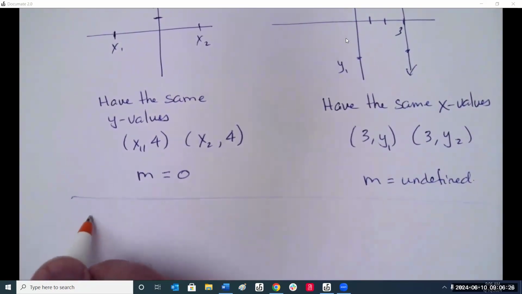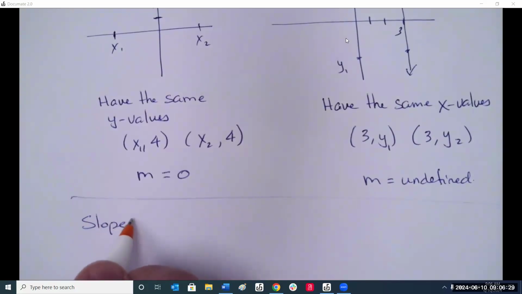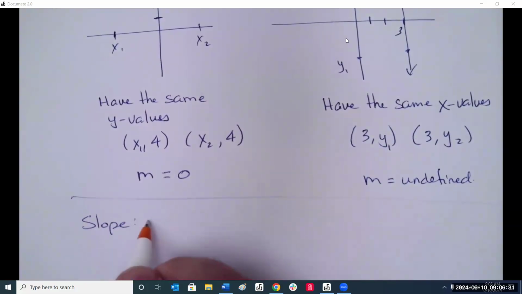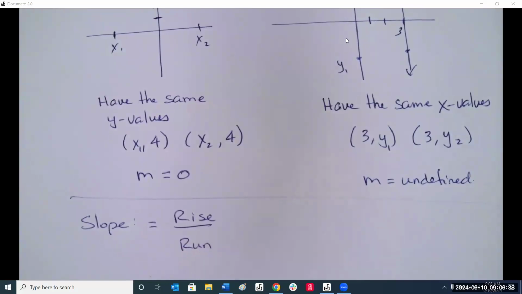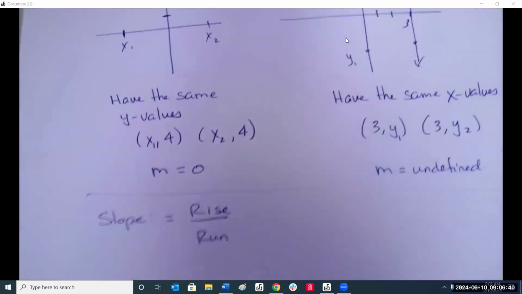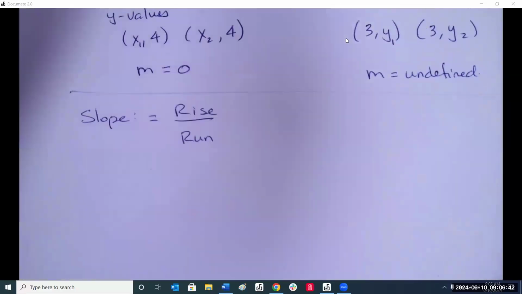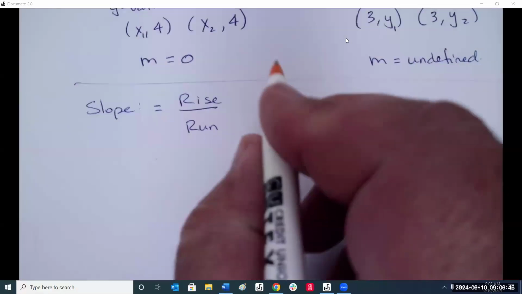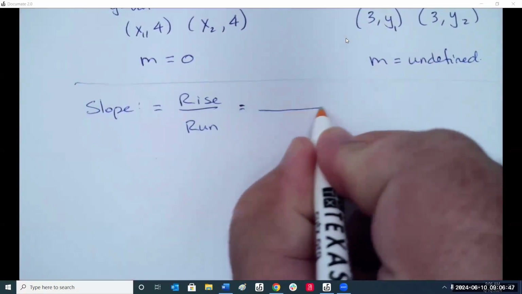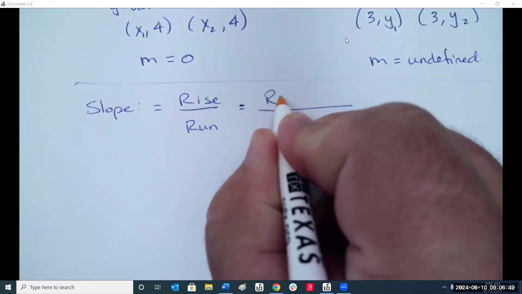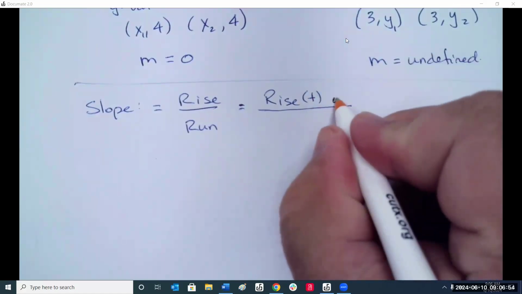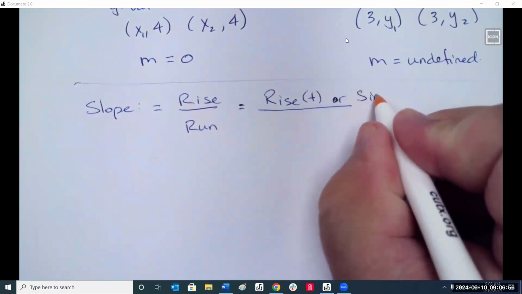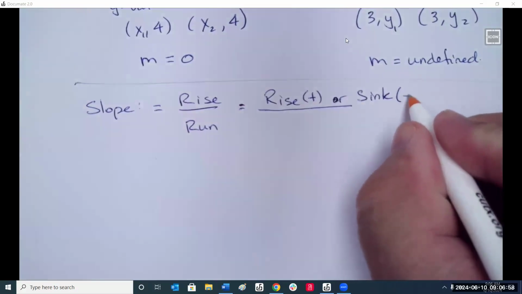Also, last time we talked about the slope. Slope, by definition, people describe it as rise over run. That's typically how people define slope. But it's not really true, because on the top, you can have rise if the slope is positive, or sink if it's negative.